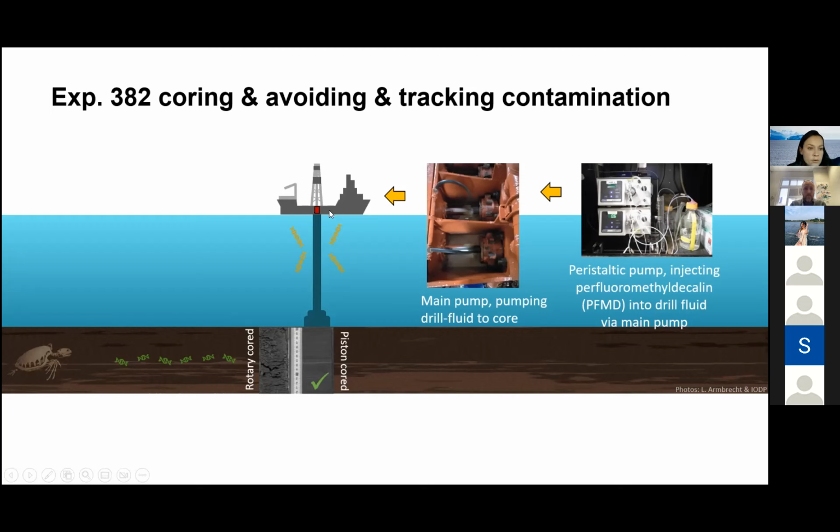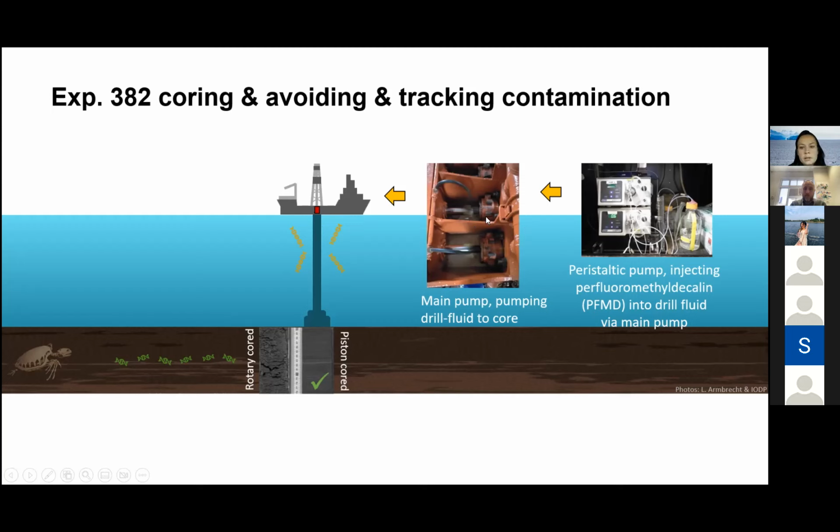Normally this does not get into the core pipe itself, but we wanted to make sure, and we have applied on this expedition a technique that's very commonly used in microbiological analyses, which is the application of chemical traces. So we have this pump here that pushes the drill fluid towards the corer.